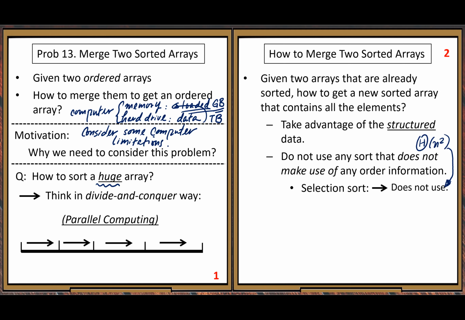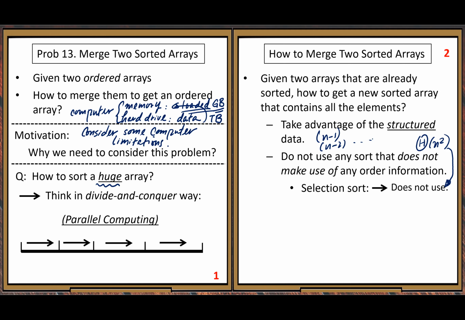I assume you know the details of selection sort. Every time we find the minimum, the first time we get n minus 1 comparisons, the second time n minus 2 comparisons, and so on. Even if it is already sorted, you still do this, because you cannot see it. A computer does not have eyes, so it cannot see that the array is sorted.